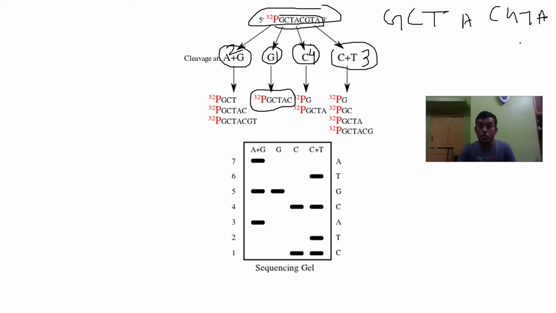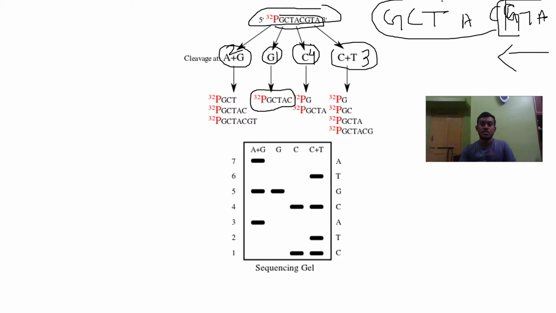It will stop when it surpasses the G base. It will start off in the right direction, and as soon as it encounters a G base, it will stop. So this is CGTA, CGTA, and this is the G base. When it encounters the G base, it will stop here, and the rest it will take.